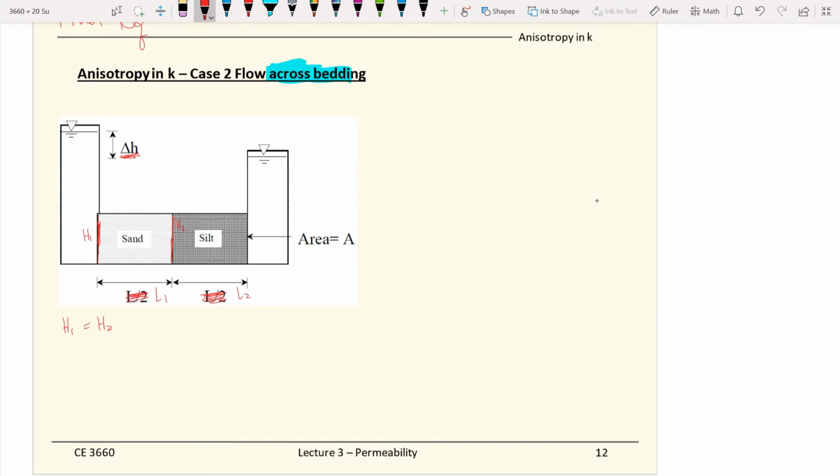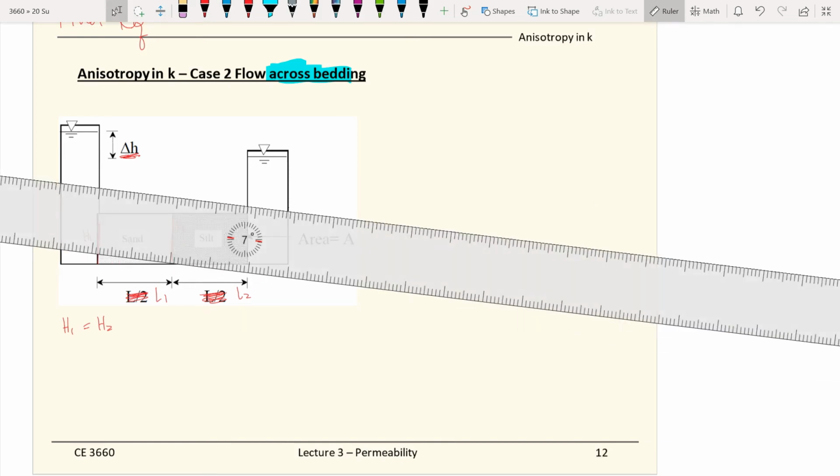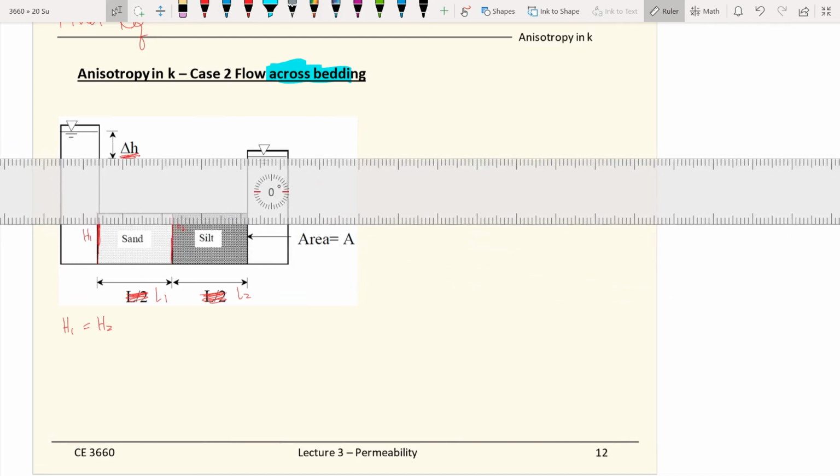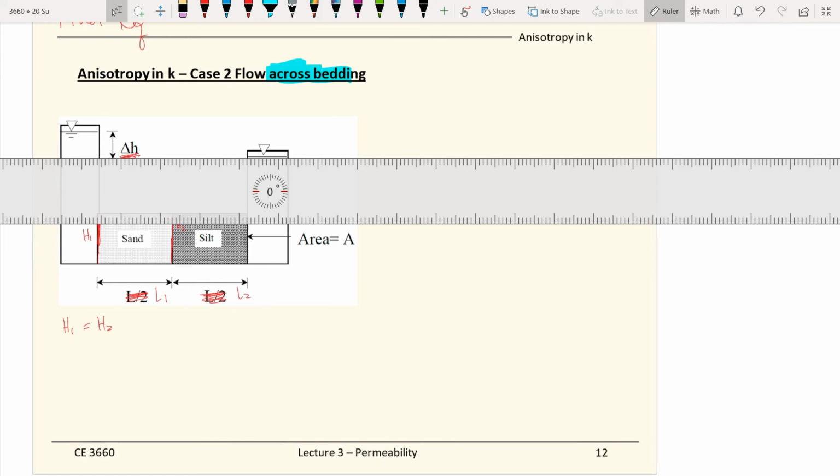This change of head is unlike case one, where you have a constant slope going down. What is different now is that the head drop highly depends on the type of soils that we are going through. You have a sand layer and you have a silt layer.